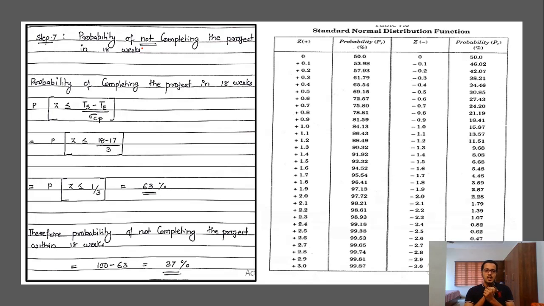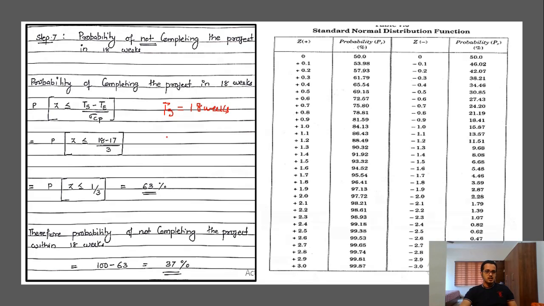Okay, so how to calculate the probability of completing the project in 18 weeks? For that we have this formula. I think you have already noted that P of Z less than or equal to Ts minus Te by sigma. What is the value of Ts? Ts is the scheduled time, the value given in the question, 18 weeks.